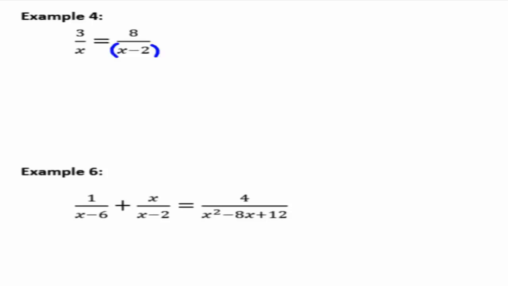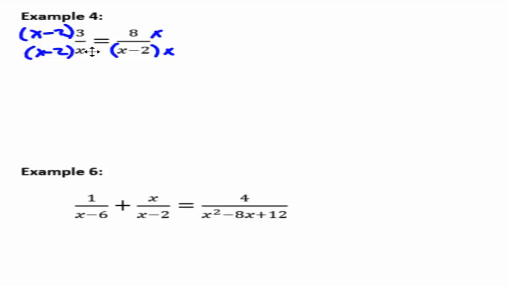This is x minus 2, so you need an x minus 2 on the other fraction. This is an x, so you need an x over here. So we're going to put an x over here and an x up there. We're going to need an x minus 2 over here and an x minus 2 up here. So don't be fooled by saying, oh, I just subtract 2. No, you cannot subtract. You have to multiply. Use the groups of factors.